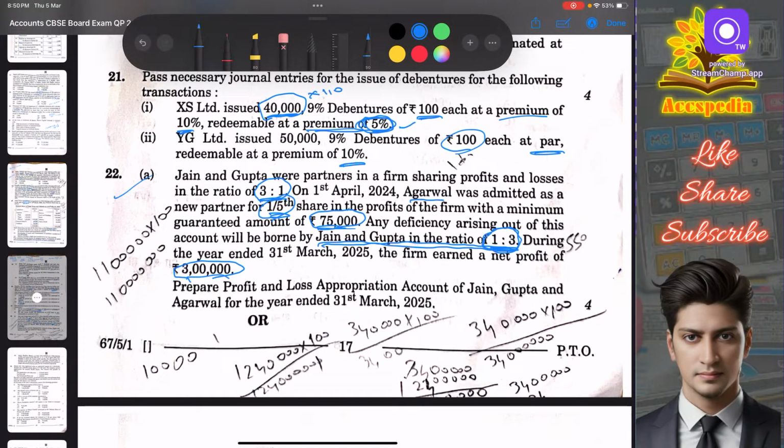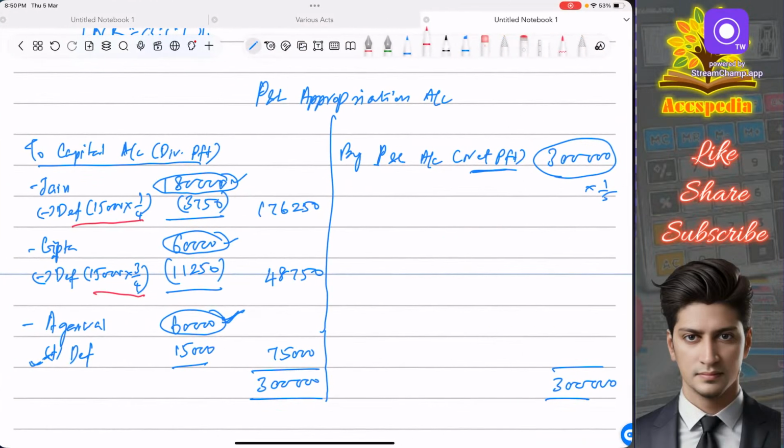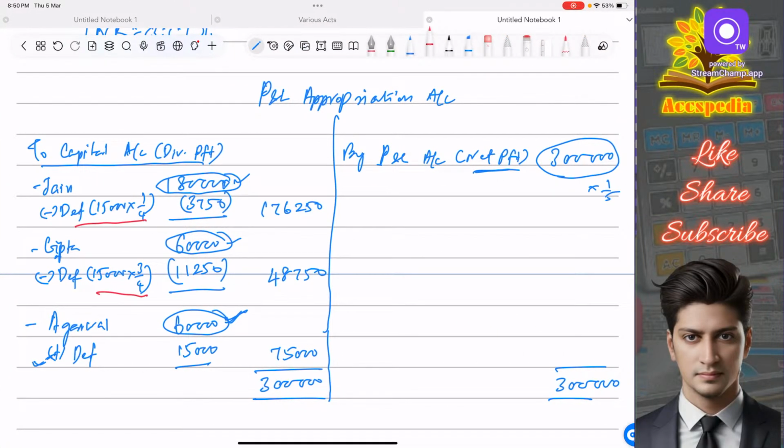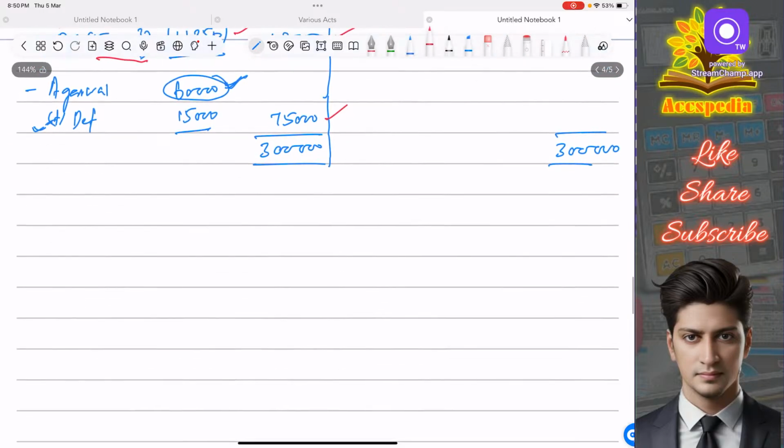The deficiency bearing ratio here is given as 1:3. So that is 1/4, 3/4. If you divide the 15,000 into 1:3, you will get these two values. Subtract them, you will get their final profit. Okay, this is the P&L appropriation account.